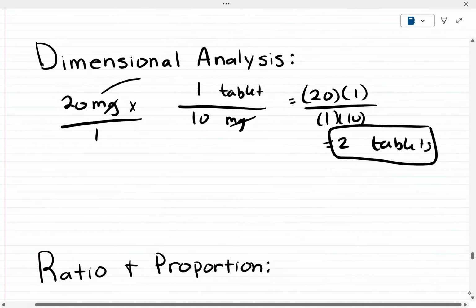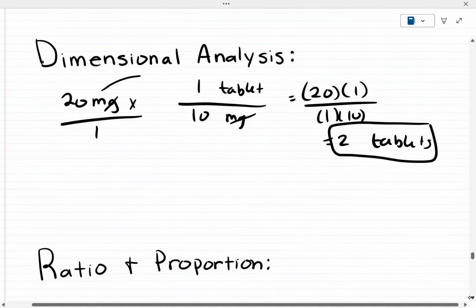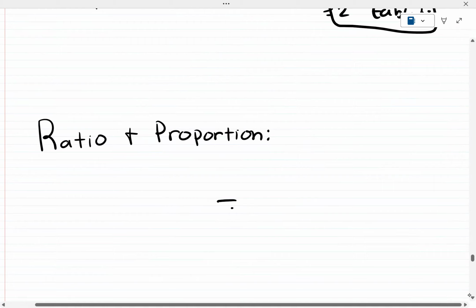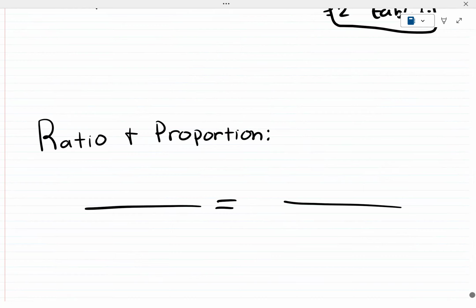Ratio and proportion. I'm going to set it up like this. You could put milligrams on the top, tablets on the bottom.